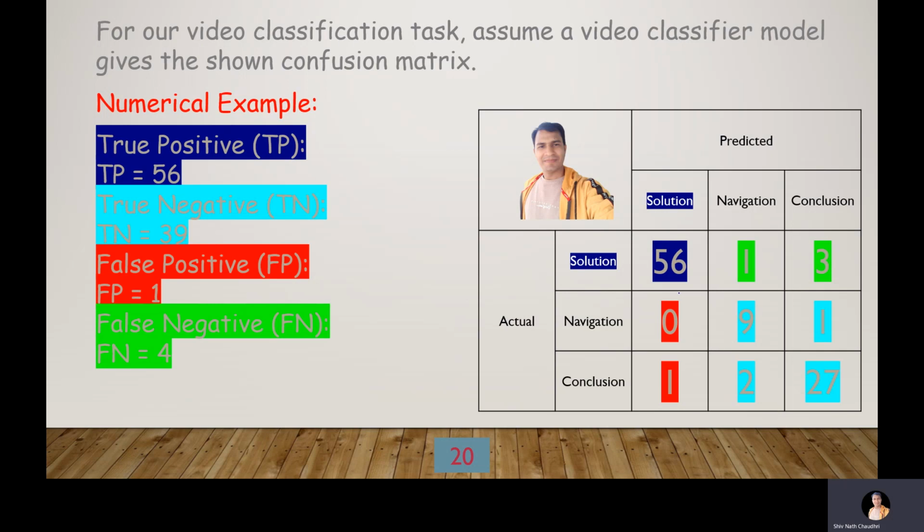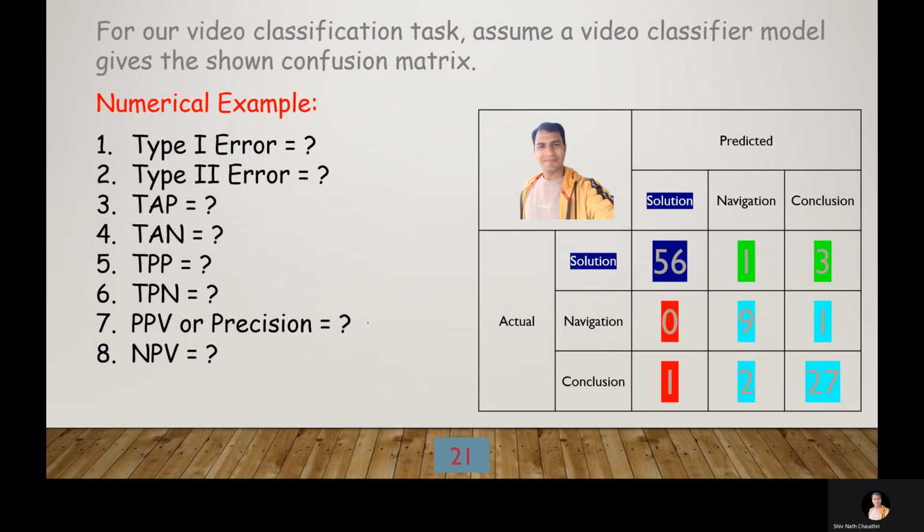Considering that the solution is our desired class, the corresponding generic elements are highlighted in the 3x3 confusion matrix. So in this case, TP is 56, TN is 39, FP is 1, FN is 4. Now we will calculate the 15 parameters for this class as discussed above.